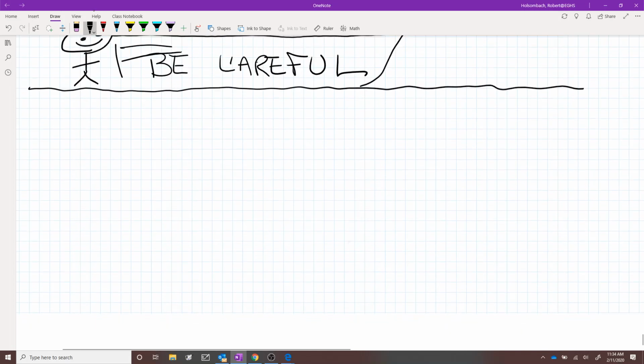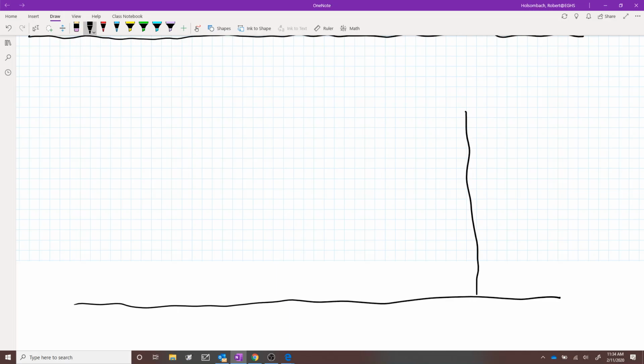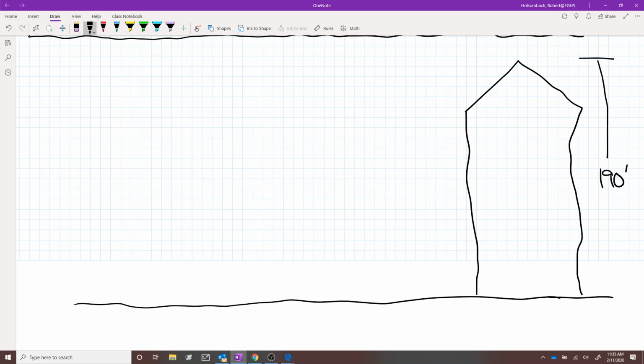So we've got the ground down here, and then we got this castle. Told that the castle is 190 feet tall. You got Leah over here.